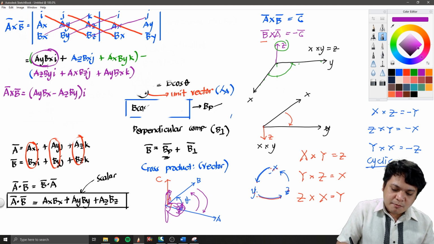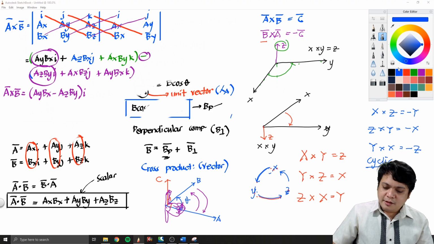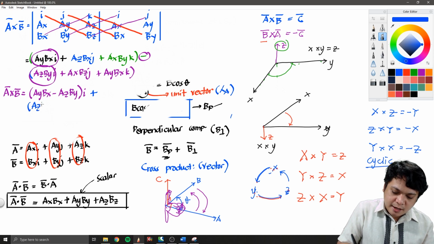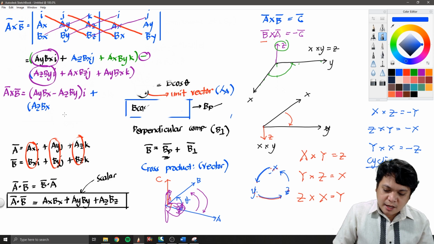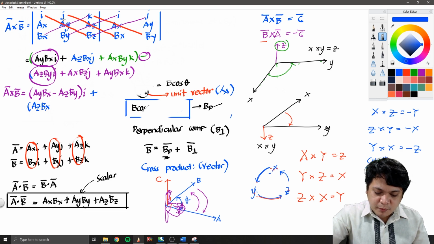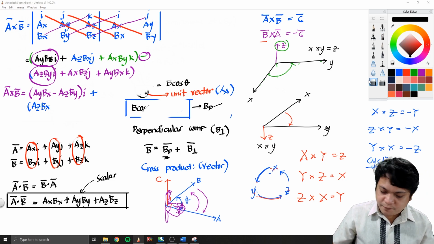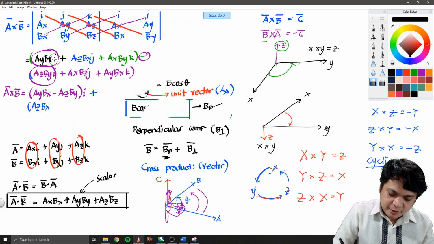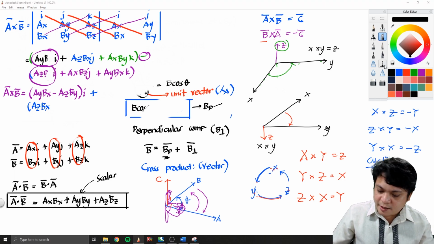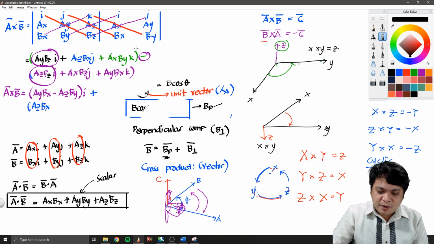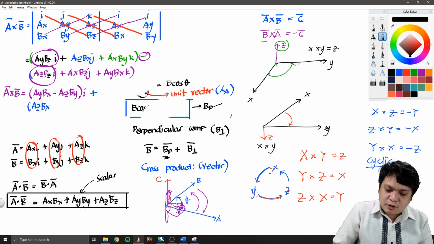This term minus this term kasi naka-minus siya, no? Next, for the J, AZ BX minus AX BZ.